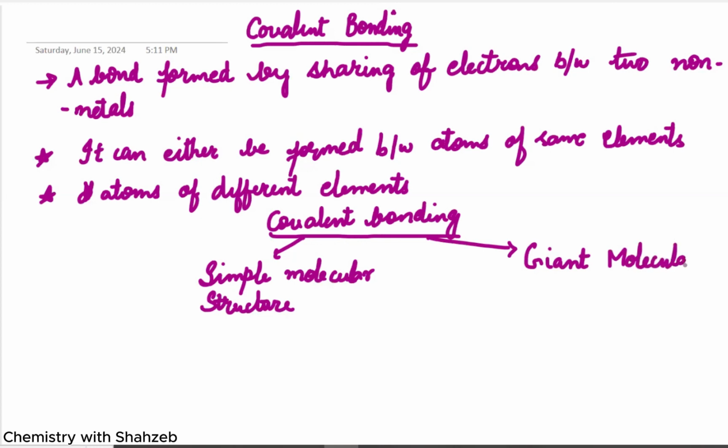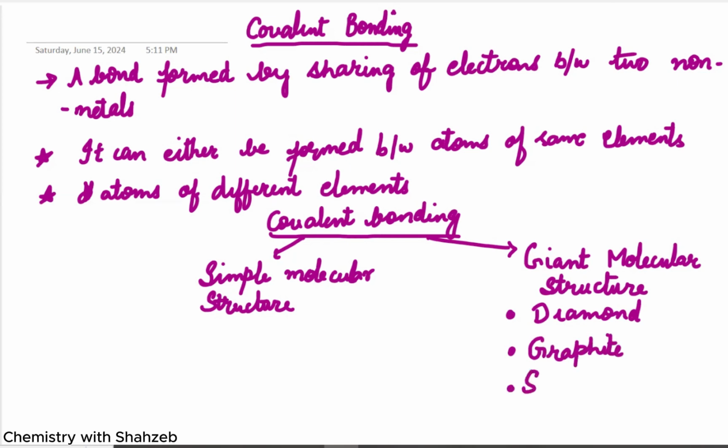There are only three giant molecular structures that are included in your O-level syllabus, and that is first of all diamond, the other is graphite, and the third one is silica. Silica, which is also called sand, and its formula is SiO2.